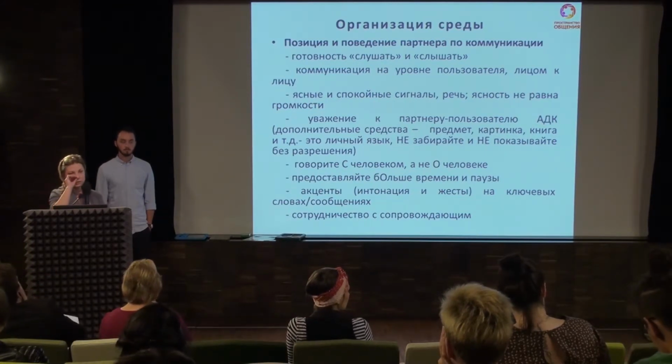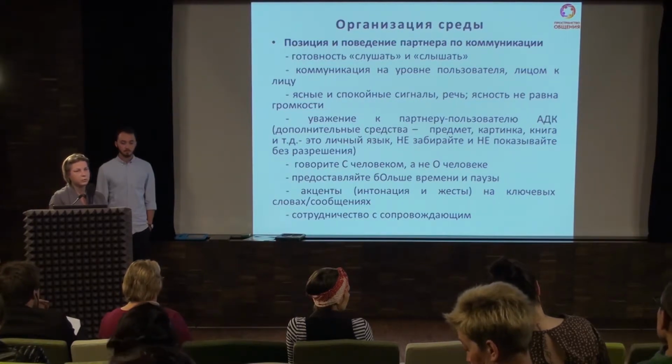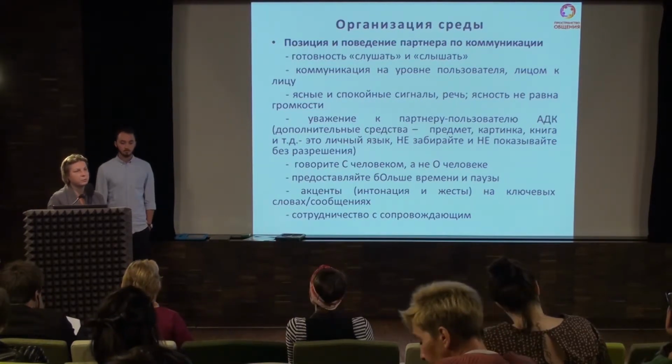Organizing the environment is an important aspect. If you have a communication partner who uses alternative and augmentative communication, then here are the rules for you, or rather guidelines for communication. It's important, regardless of what tool is used, to be ready to listen and understand, to listen and hear them.